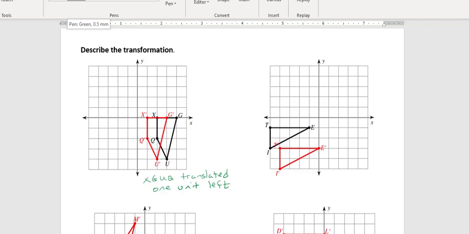So if I look at point E, it looks like it went down 1, 2, to the right 1. And again, this has to be the original because this has the primes. So TIE translated down 2, right 1.